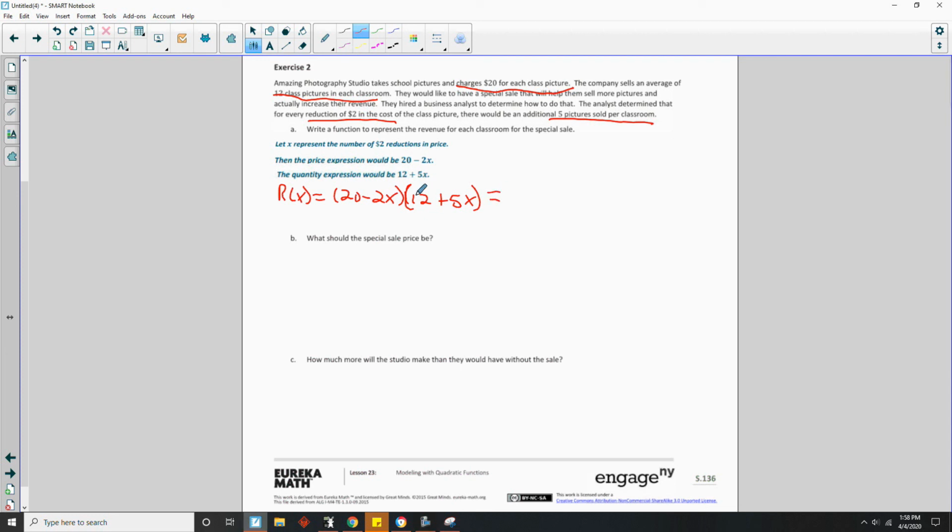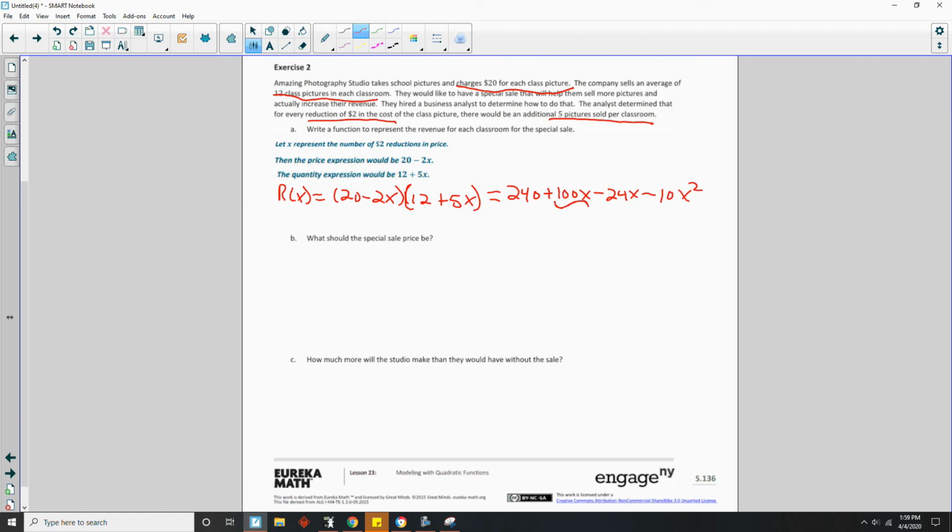So 20 times 12 is 240. Outer is 20 times 5x, which is 100x. Inner is negative 2 times 12x, which is a negative 24x. And last is negative times a positive, which is negative 2 times 5 is 10, and x times x is x squared.